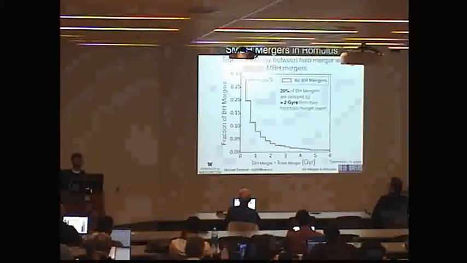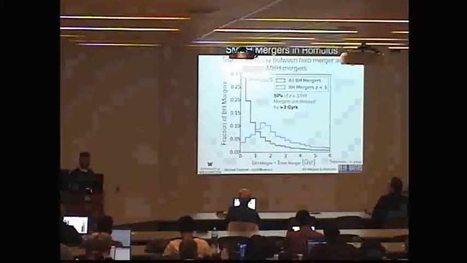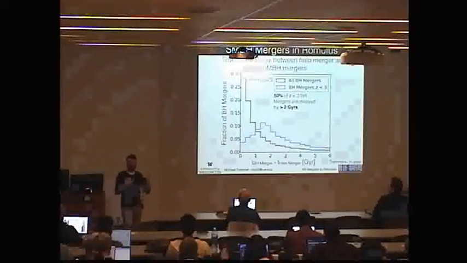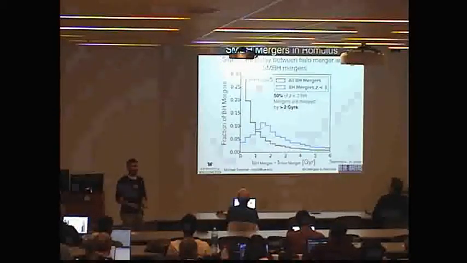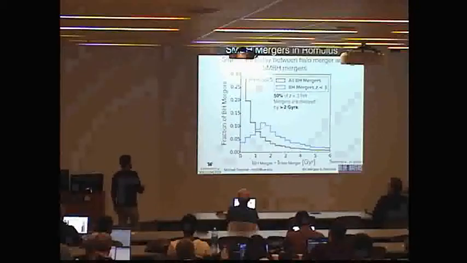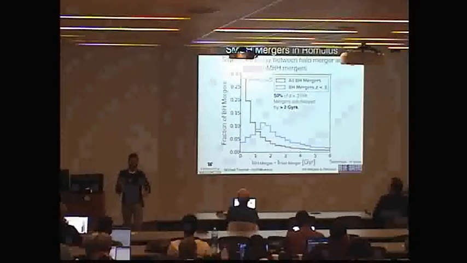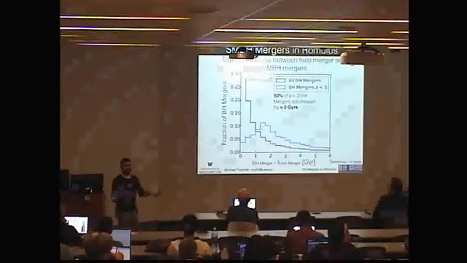What that means, when we're thinking about connecting observations of black hole merger events through LISA and pulsar timing arrays, is that if you observe a high redshift black hole merger, it's likely very much connected to its halo merger event. The universe is still young, it hasn't had much time to do anything else.